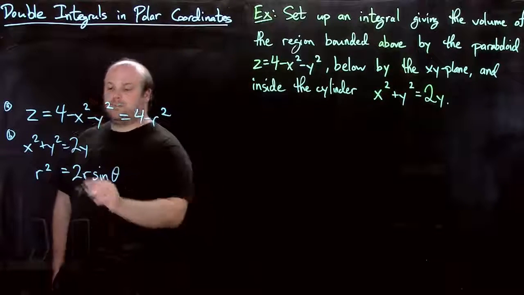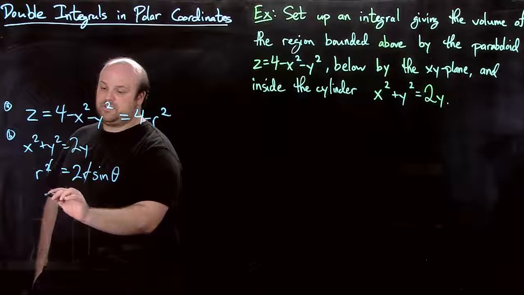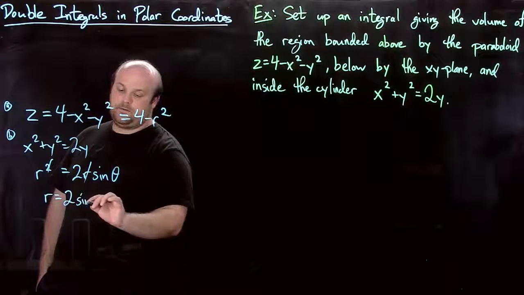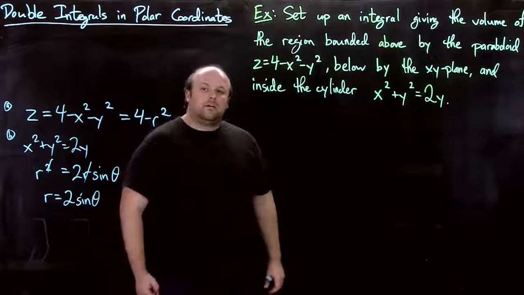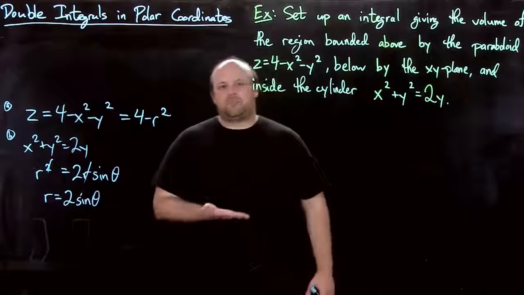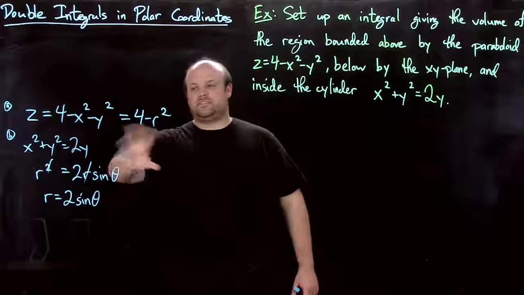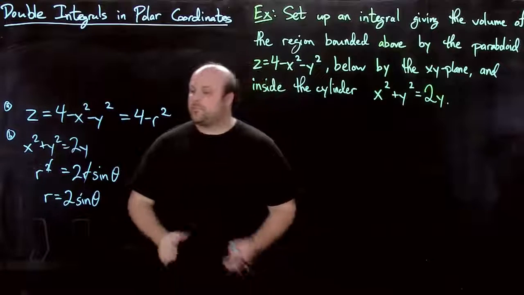So one of these r's cancels, and we see that the cylinder is just r equals 2 sine theta. You can imagine we're putting polar coordinates on the xy plane and letting z do its thing, if you want to visualize it like that.